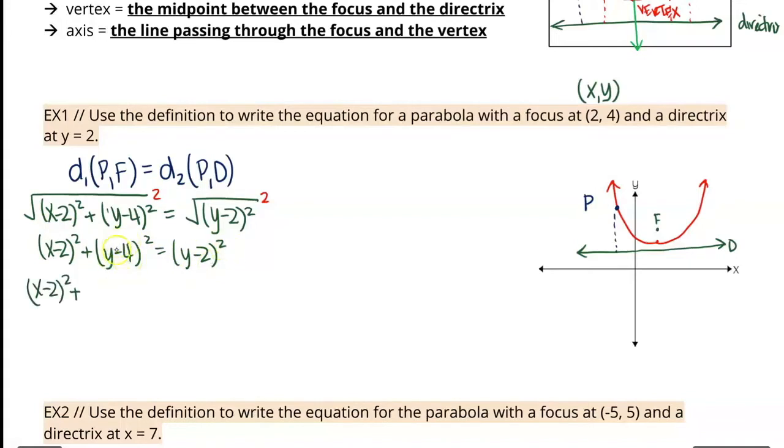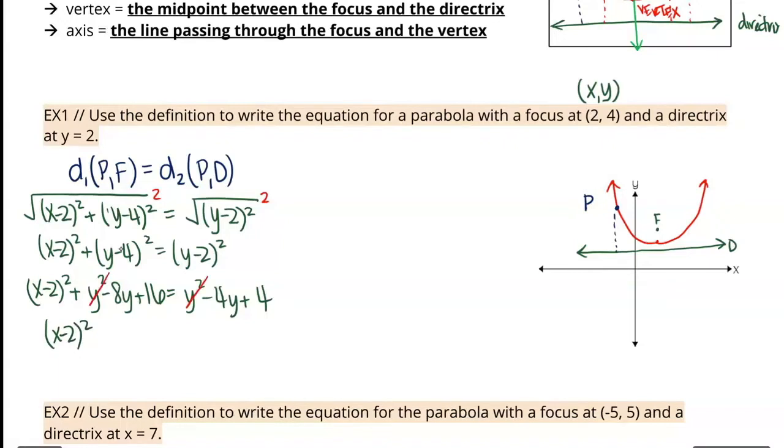I'm going to FOIL out this guy, so that'll be y squared minus 8y plus 16. And on the right, same kind of thing, I'm going to have y squared minus 4y plus 4. And then let's just put all of the y stuff on the right and leave the x stuff on the left. So I'm going to leave x minus 2 squared. And when I subtract y squared, they're actually going to cancel.